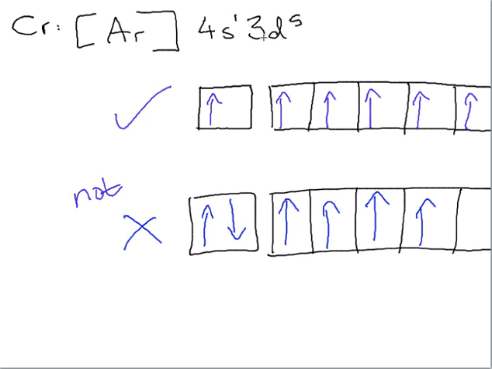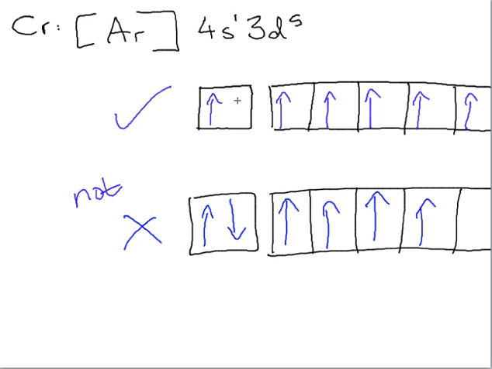Why did that happen? Well, sometimes when you're trying to do both rules together, the other one kind of wins, like Hund's rule. So basically this is how Cr actually is because of Hund's rule.